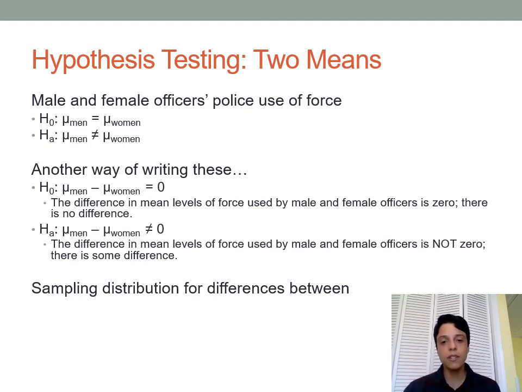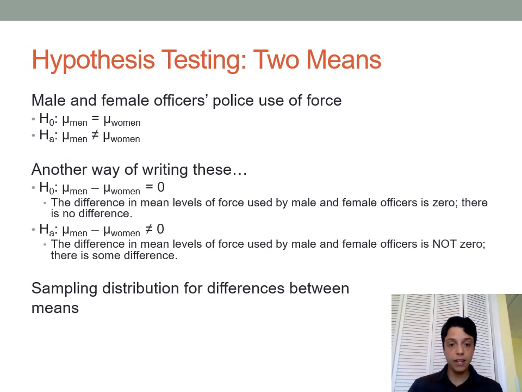So the sampling distribution for differences in means shows you the possible differences that you could get between your sample means and the probability of getting each one. So instead of plotting sample means themselves and the probability of getting each one, we're looking at the possible differences between sample means and the probability of getting each difference.